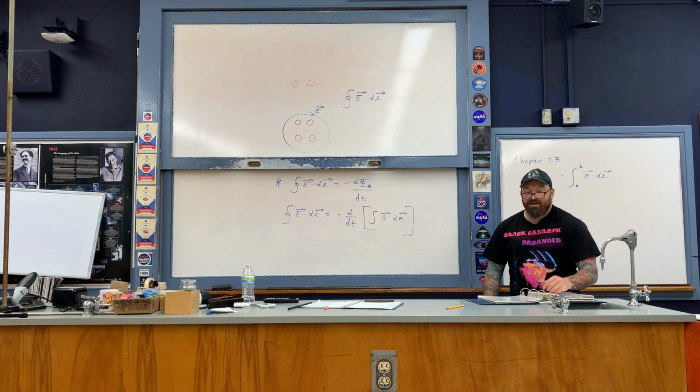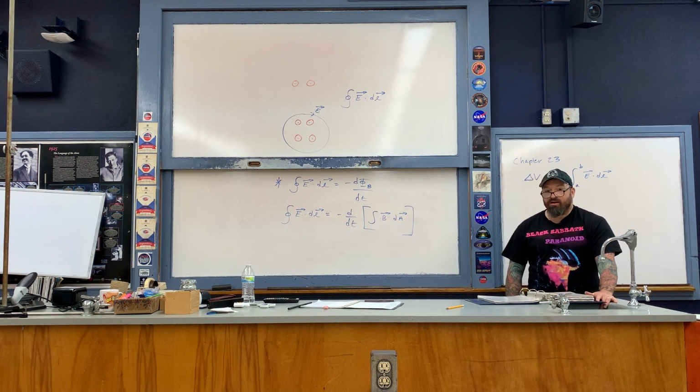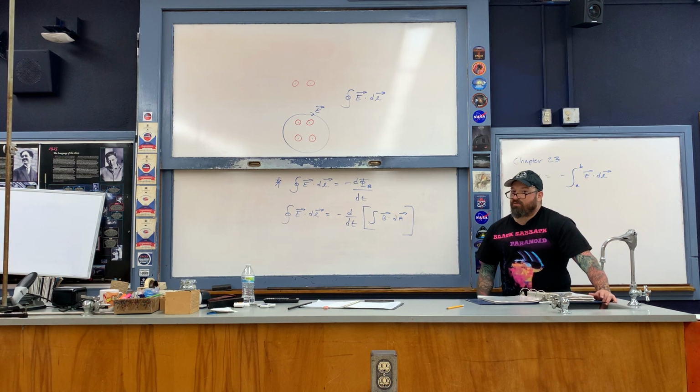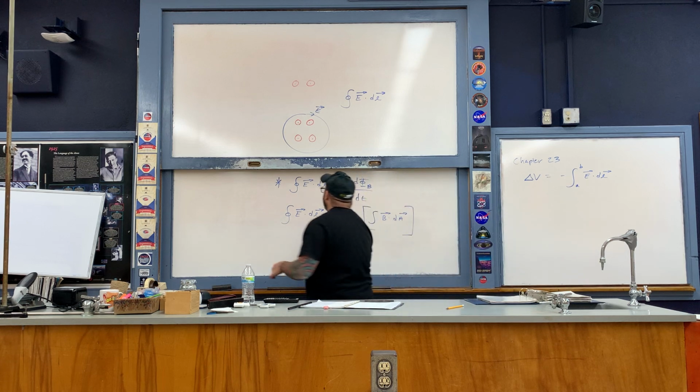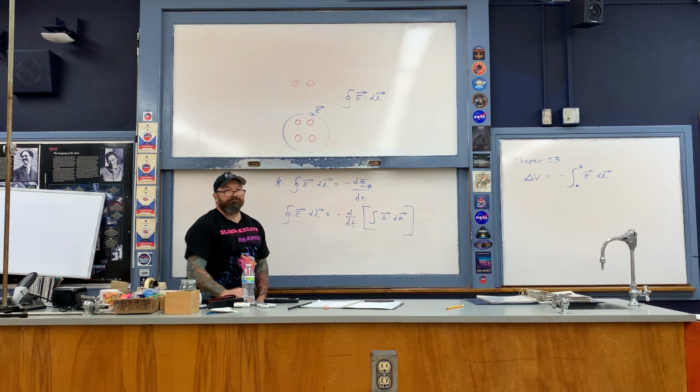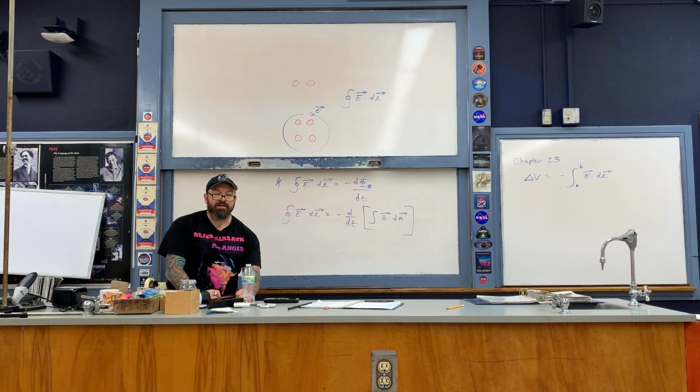Well, it is back in chapter 23 when you're talking about, for example, an electrostatic situation. Not so here, however, with Faraday's law. With Faraday's law, even though you start and stop in the same position, there is an EMF that is still present. Once again, this is fundamental to nature.